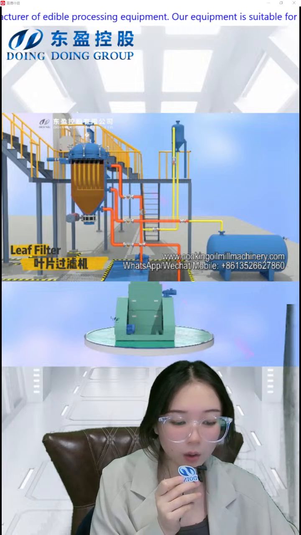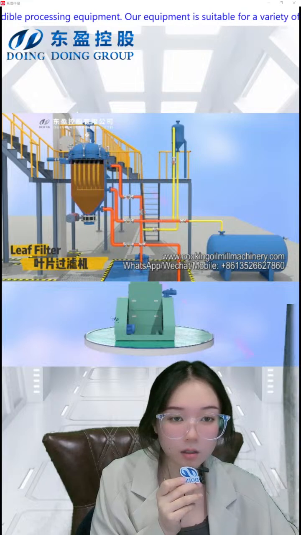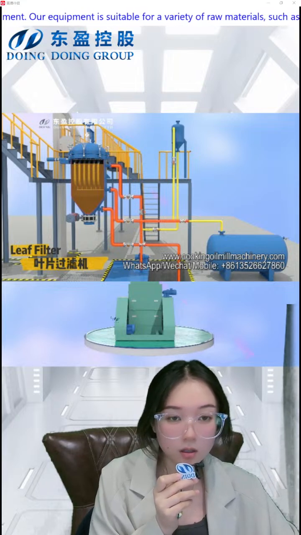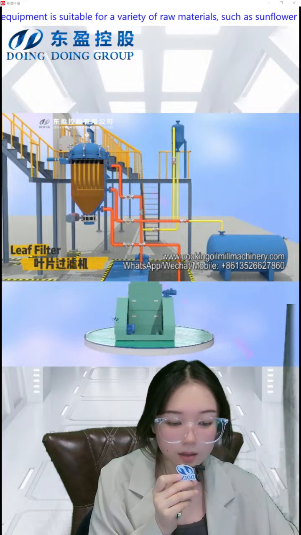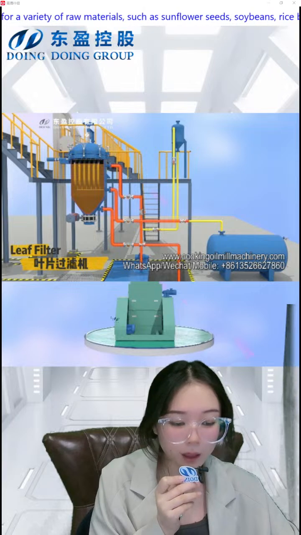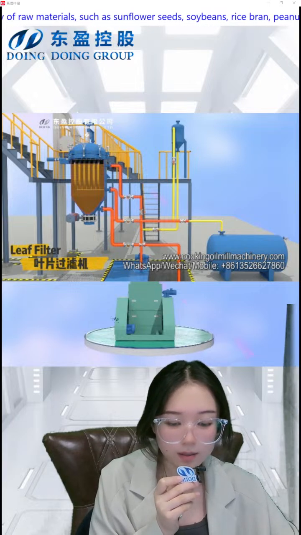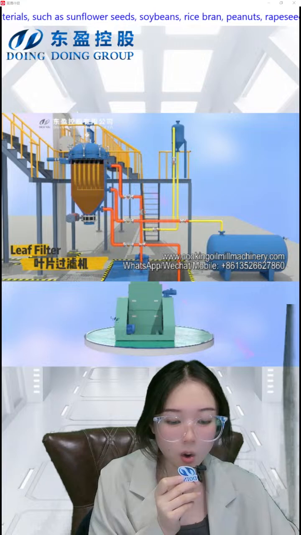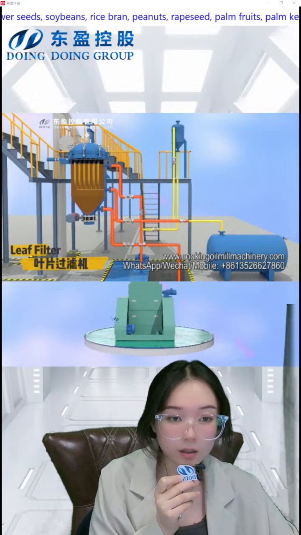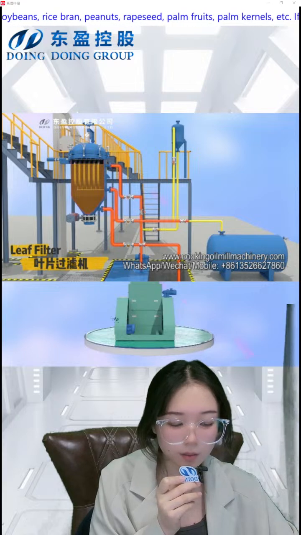Common seed oils such as peanuts, rapeseed, sunflower seeds, soybeans, and sesame seeds, and so on, can all be pressed with the same oil press, with a residual oil rate of generally 6 to 7%.